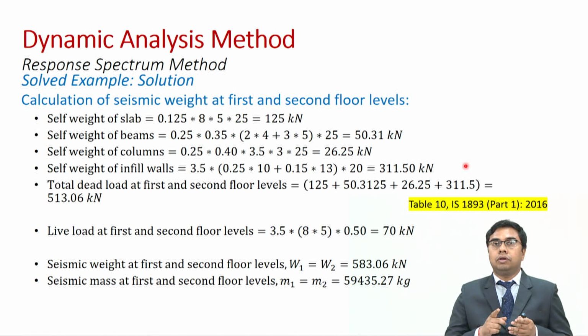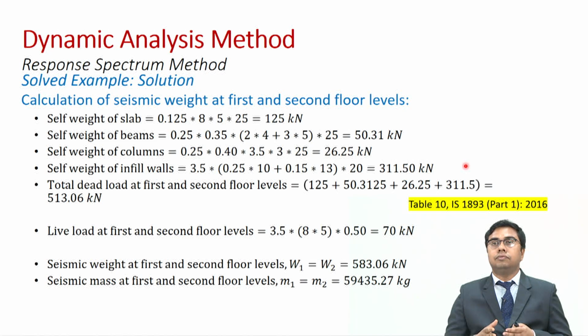In the case of the equivalent static method, we just needed the total seismic weight of the frame, but in the case of the response spectrum method, we need to find the seismic mass at different floor levels and then set up the mass matrix, and similarly the stiffness matrix as well, so that we get our characteristic equation or the eigen problem. Then we shall be able to solve it for natural periods and modes of oscillation.